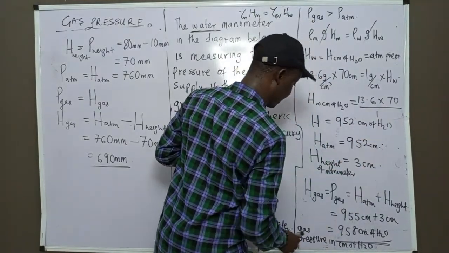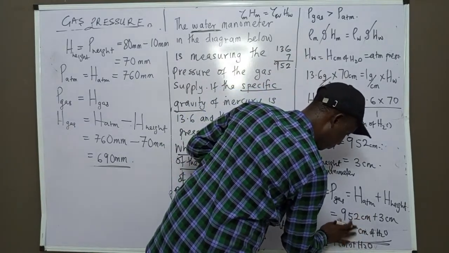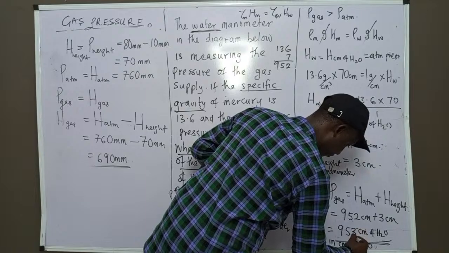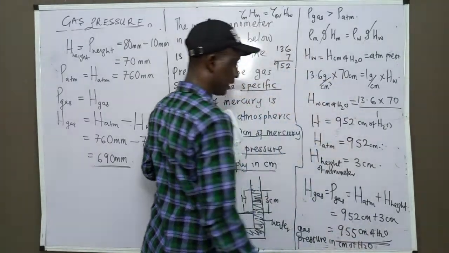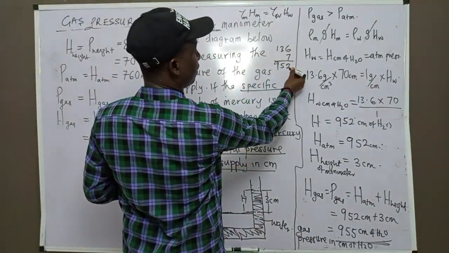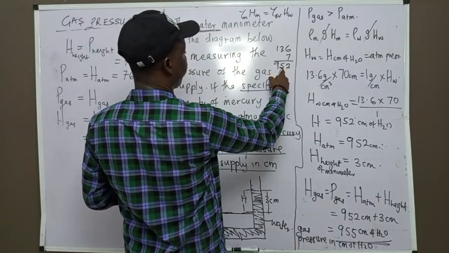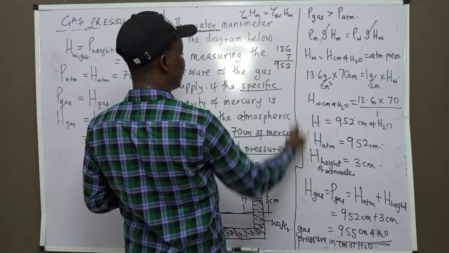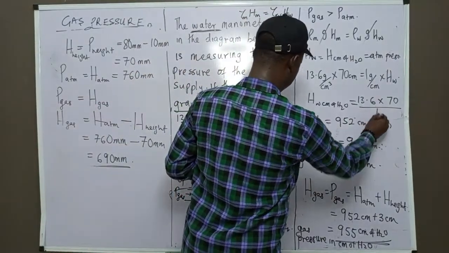I almost made a mistake there. Because if we multiply, this is 42, carry 4. This is 21 plus 4, 25. So it is 952. I made a mistake there when I was multiplying. So that one is clear now.